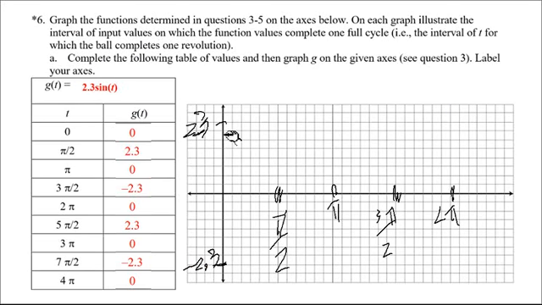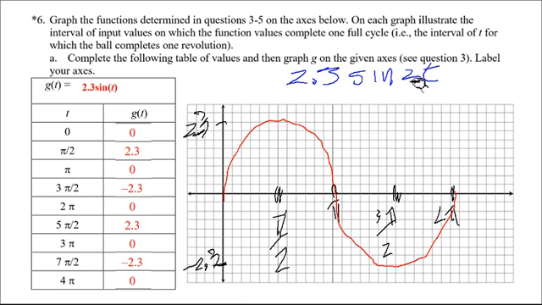Okay, so when our argument is 1 radian per 1 second, we're just going to have our standard sine graph, right, where we have a longer radius. Our radius is 2.3. Now, for subsequent questions, for example, if we looked at 2.3 sine of 2t, double the speed, that tells us we're going to complete a full revolution of the circle at pi radians.